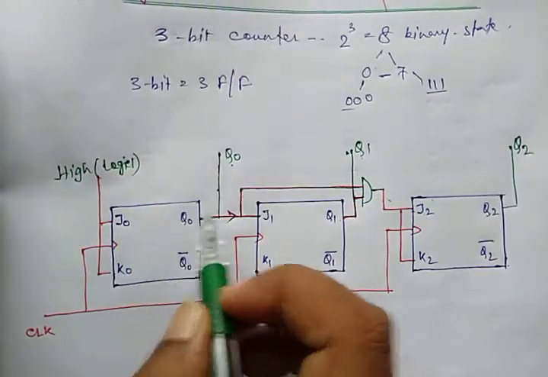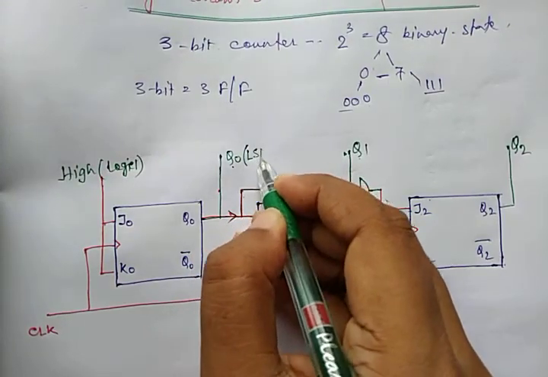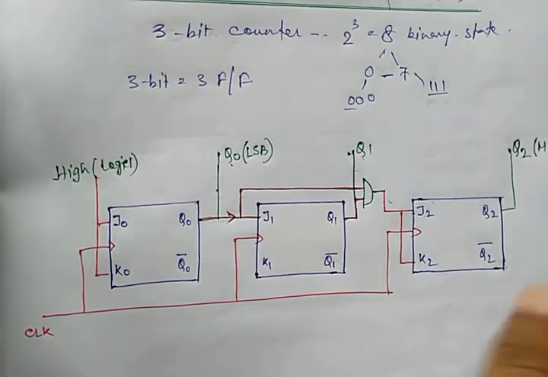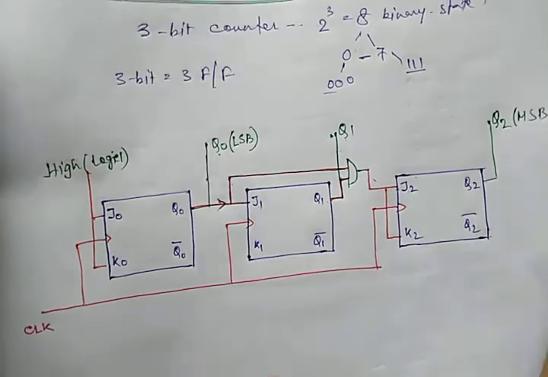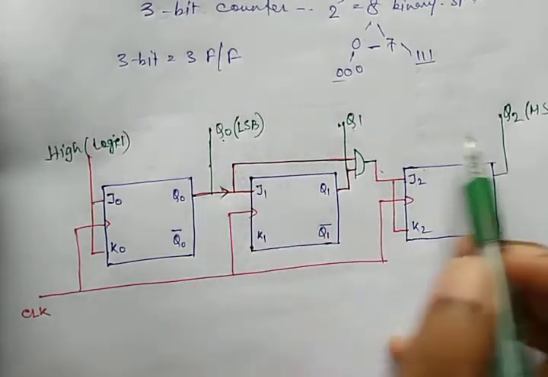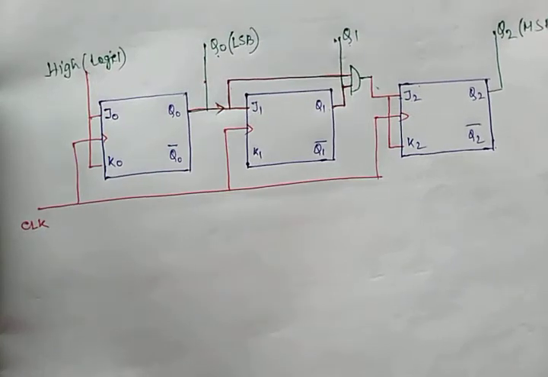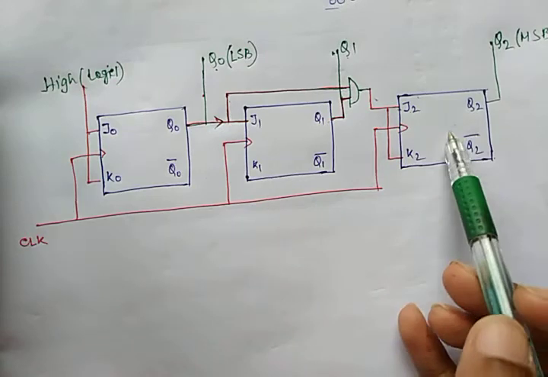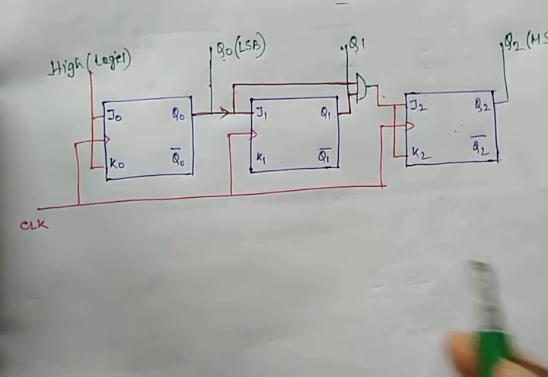We know that in a counter the first flip-flop is used for the LSB, so we get the LSB from the first flip-flop and the MSB from the last flip-flop, with the other flip-flops giving the corresponding values in between. So this is our general construction. Now here we can see the logic of how every flip-flop gets its input and how it generates output.